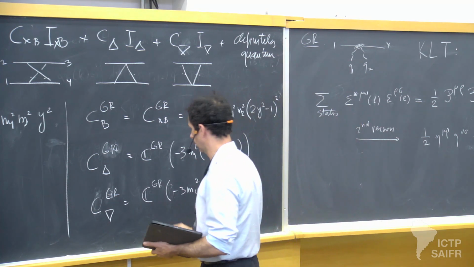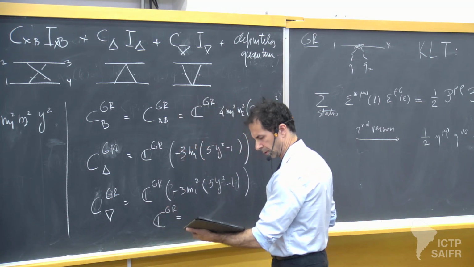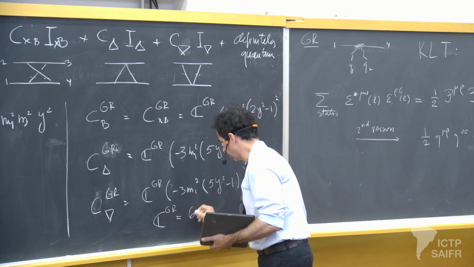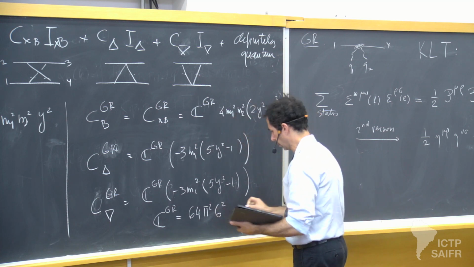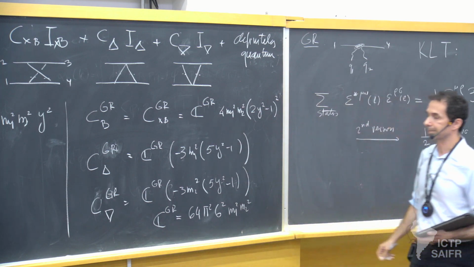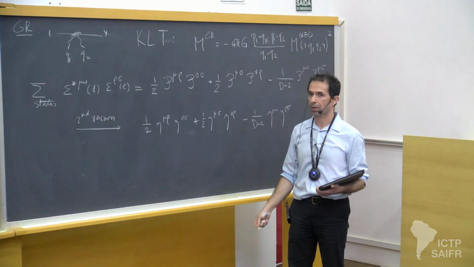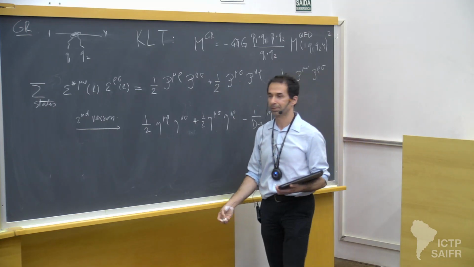And C_GR equals 64 pi squared G squared m1 squared m2 squared. Any questions? This is just a whole bunch of algebra which you can largely teach Mathematica to do for you.